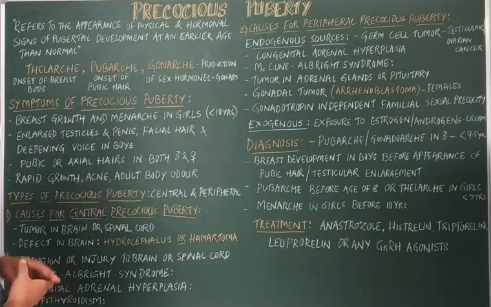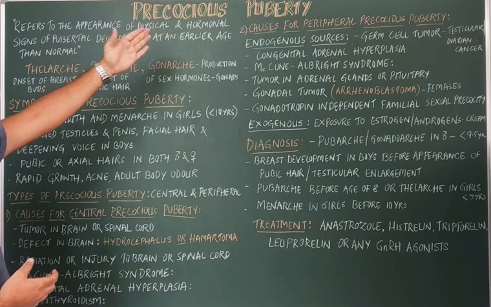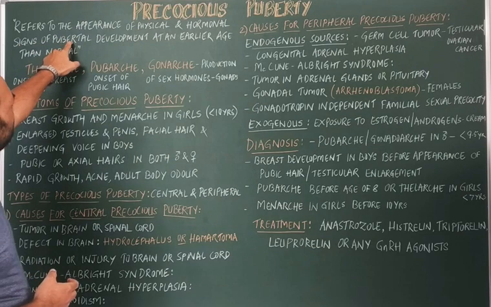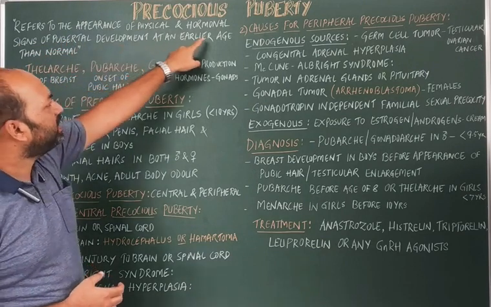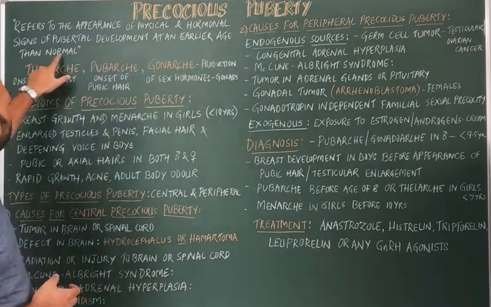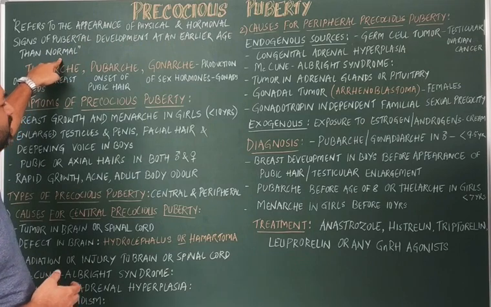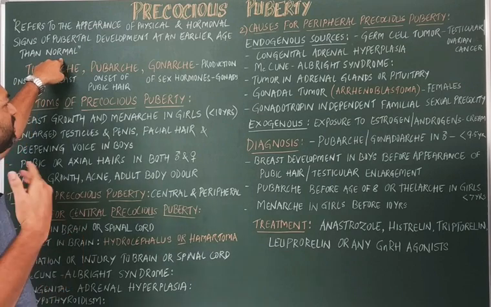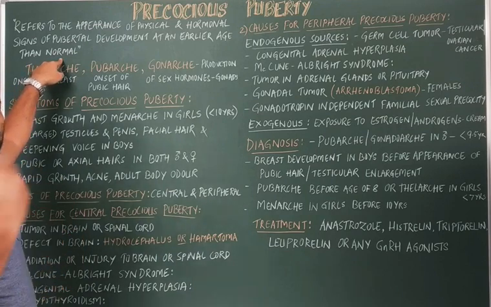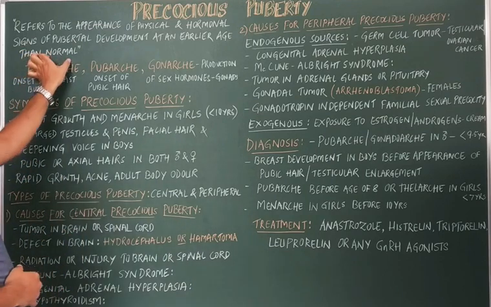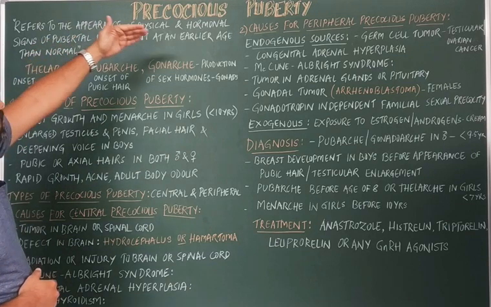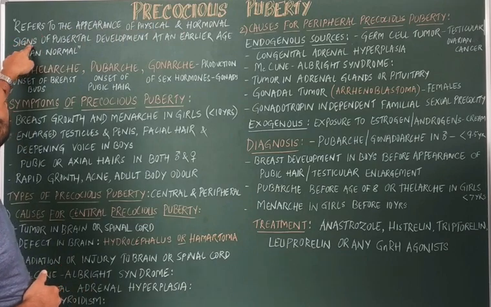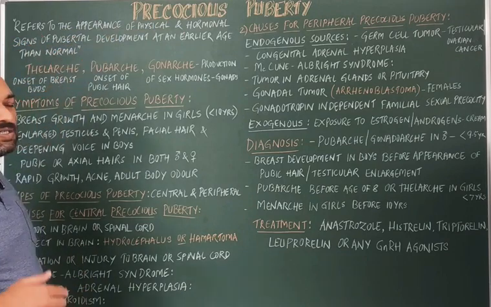Precocious puberty refers to the appearance of physical and hormonal signs of pubertal development at an earlier age than normal. Normal, as I said, is 10 to 14 in girls and 12 to 16 in boys. In precocious puberty, the physical and hormonal signs of pubertal development occur earlier than that.